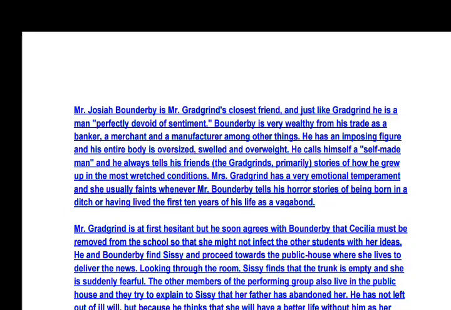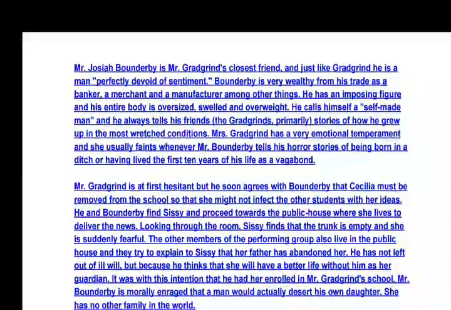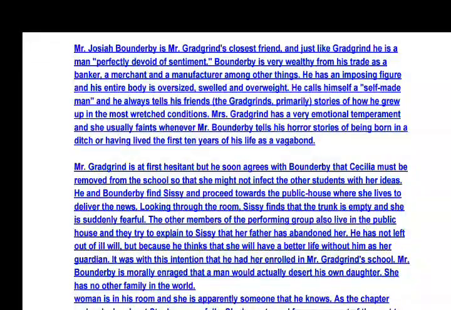He has an imposing figure, and his entire body is oversized, swelled, and overweight. He calls himself a self-made man, and he always tells his friends the Gradgrinds primarily stories of how he grew up in most wretched conditions.